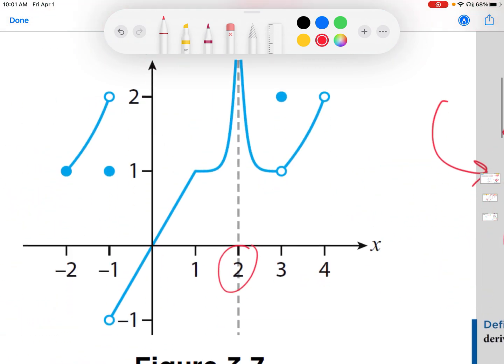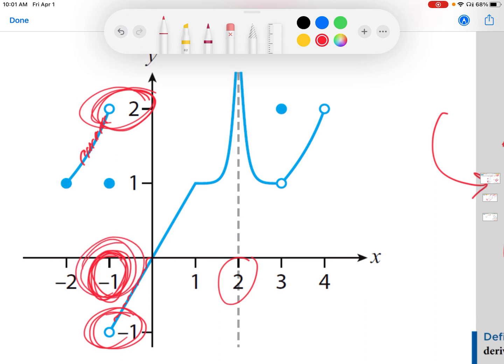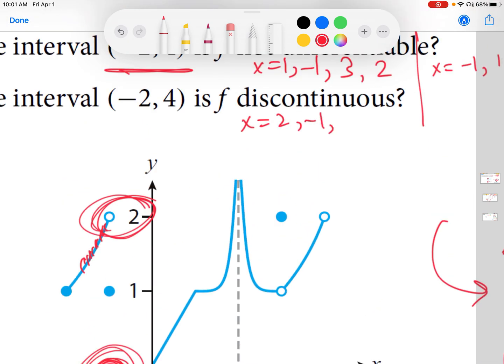That happens over here. As I approach -1 from the left, I approach 2. As I approach -1 from the right, I approach -1. The two-sided limit does not exist because 2 and -1 are not the same number. So at x equals -1, I have another discontinuity.